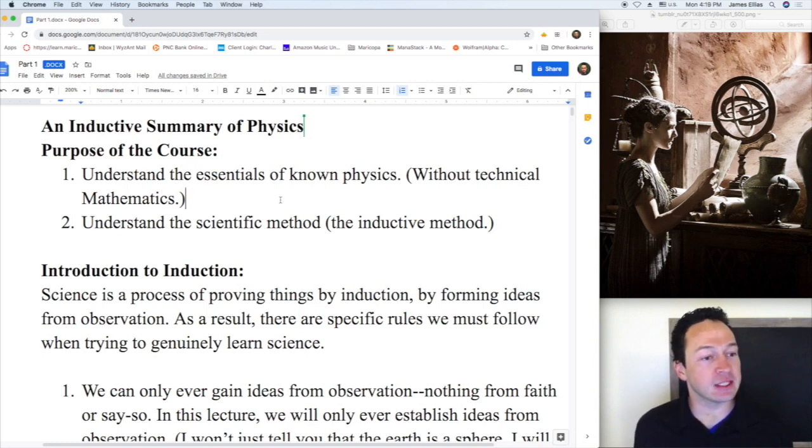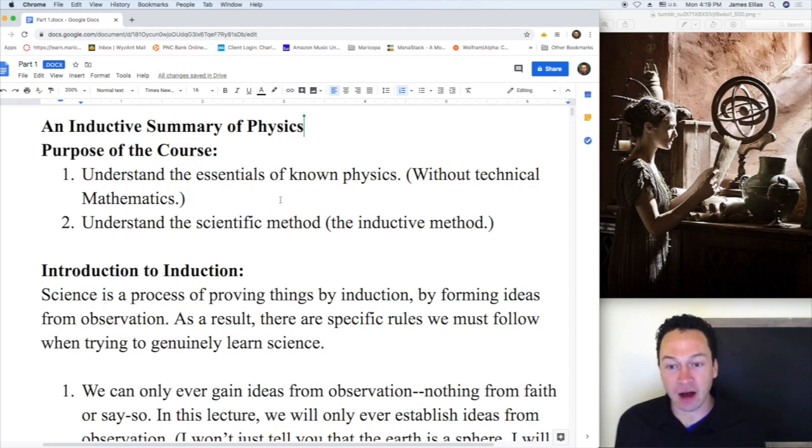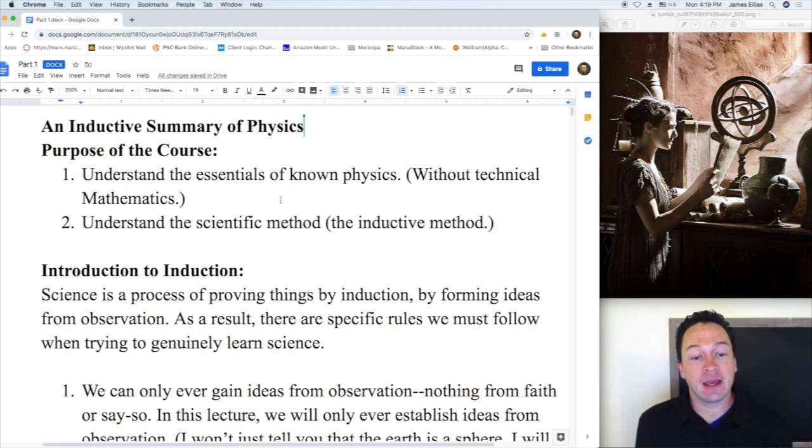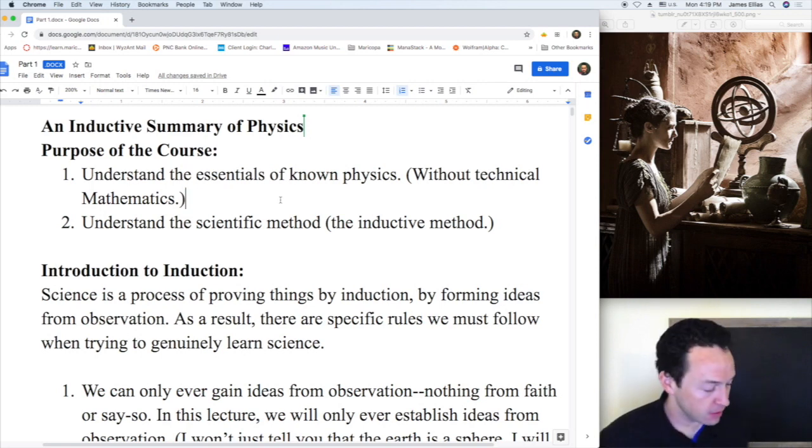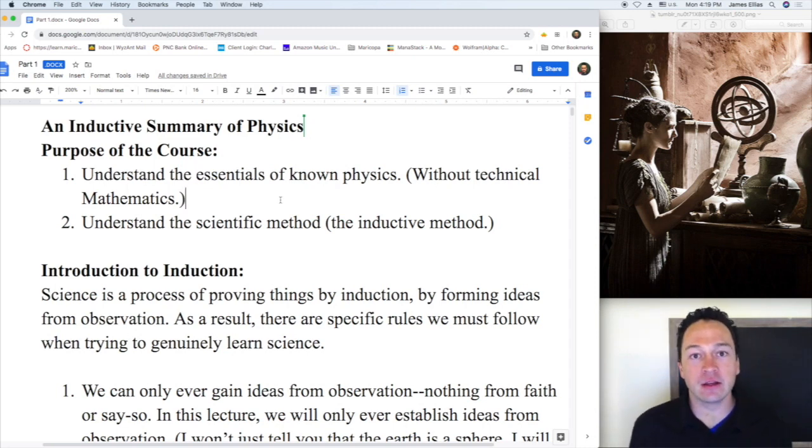Even if we don't necessarily have the proof of everything in detail, we will often be proving it through inductive logic, and we will often be understanding it enough to know that it is indeed true. And this leads us to the second purpose of this course, which is to understand the scientific method, that is, the inductive method. Science functions primarily by drawing conclusions from observation.